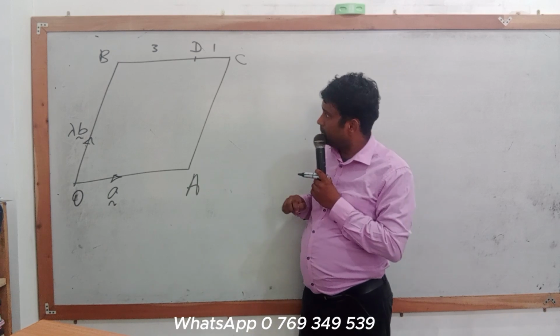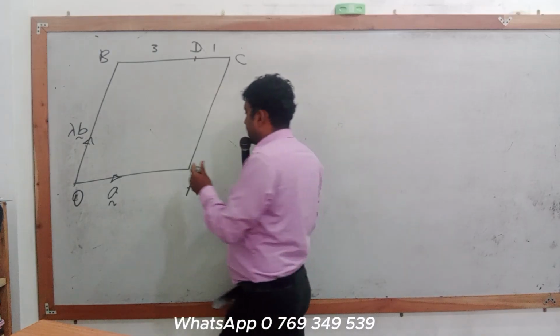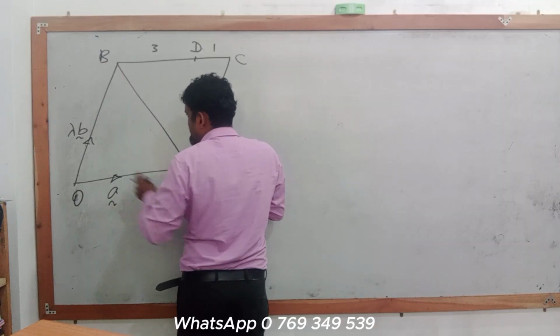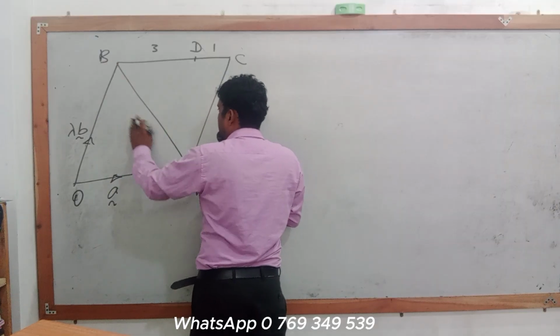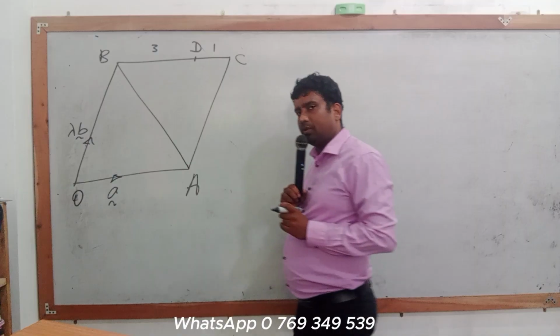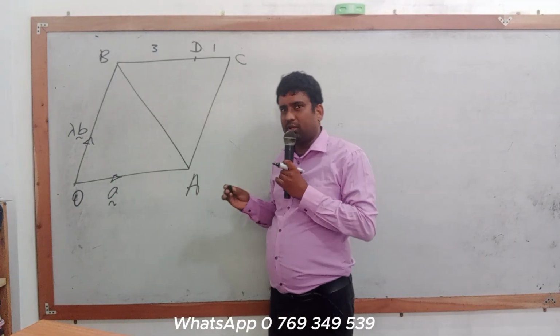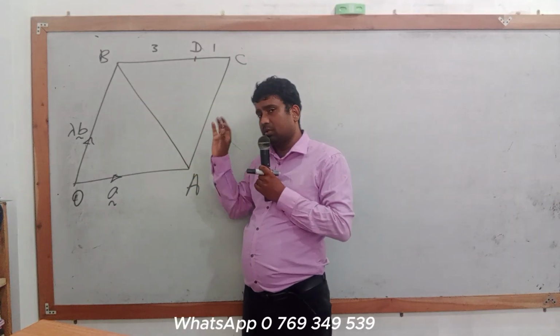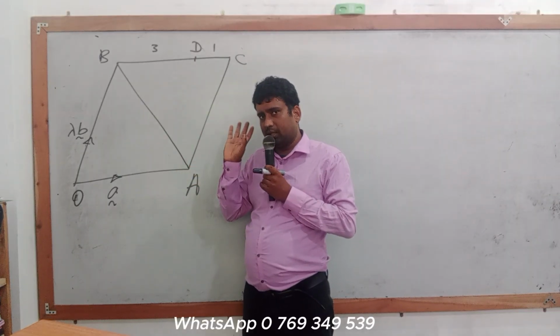We have to find AB. AB is this one, no? This is the triangle law, right? We need to find AB, then use the sum.